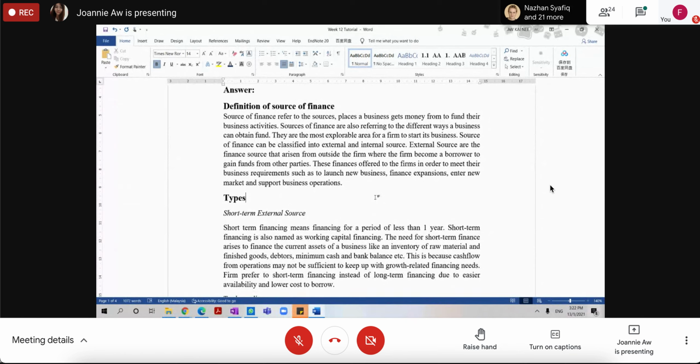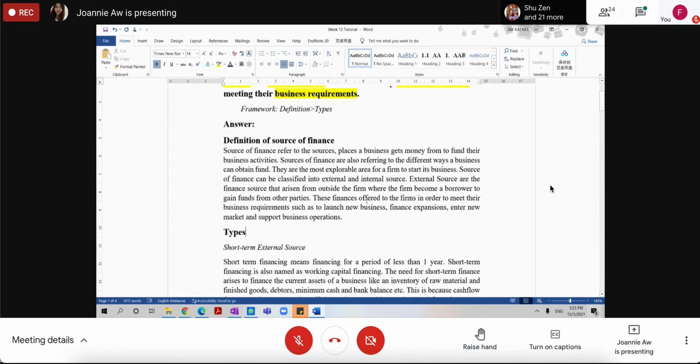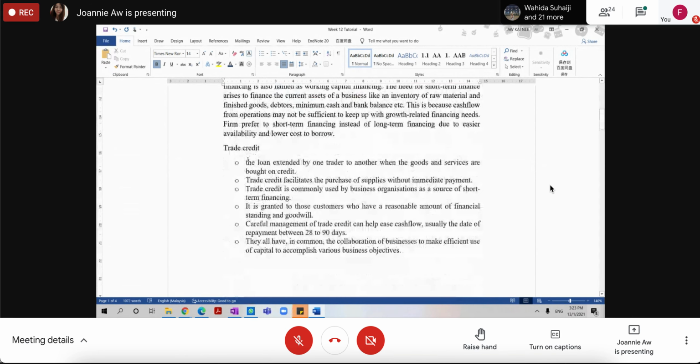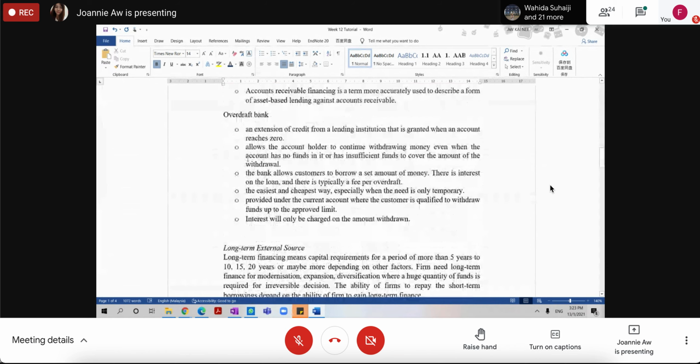Okay, I was losing connection just now, so I did not hear properly, but I think it's okay. I think you are giving the definition of external source, right? Yeah. Okay, never mind, I can see here. The next one is types of external sources, which can be classified into short term and also long term.